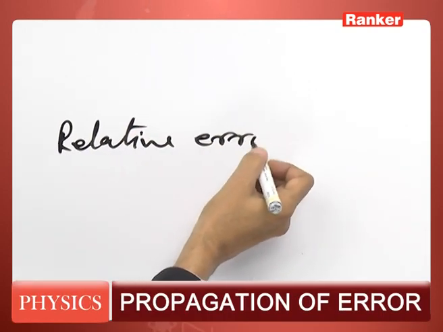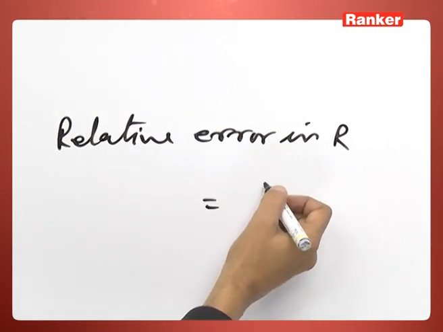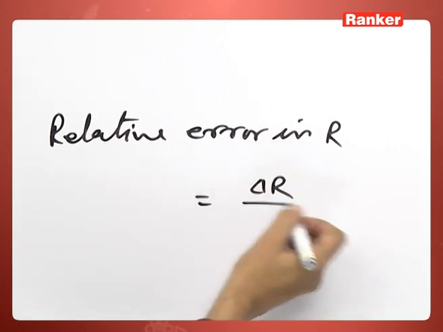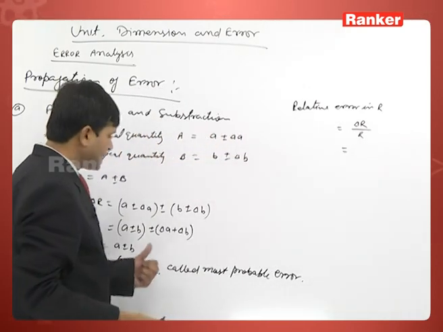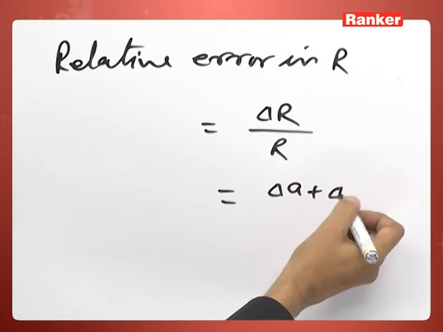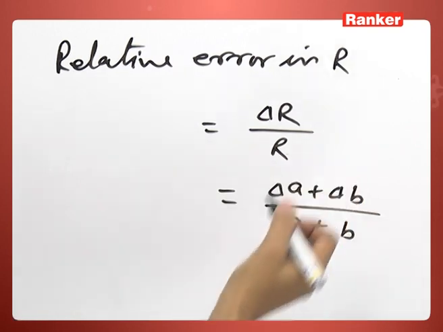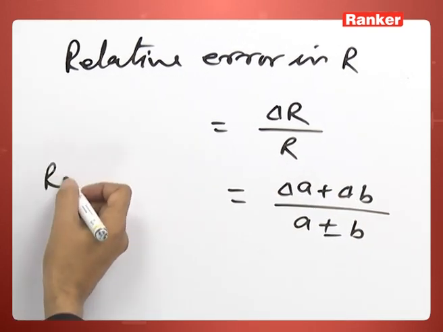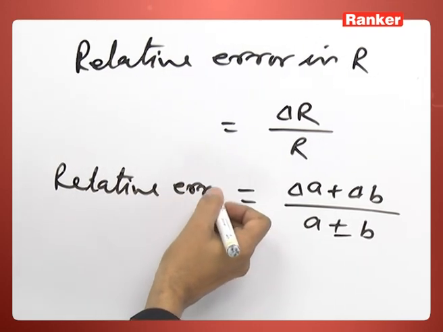Now, if we want to calculate the relative error in R, this is delta R by R. Delta R is delta A plus delta B, and R is A plus minus B. This is called the relative error.